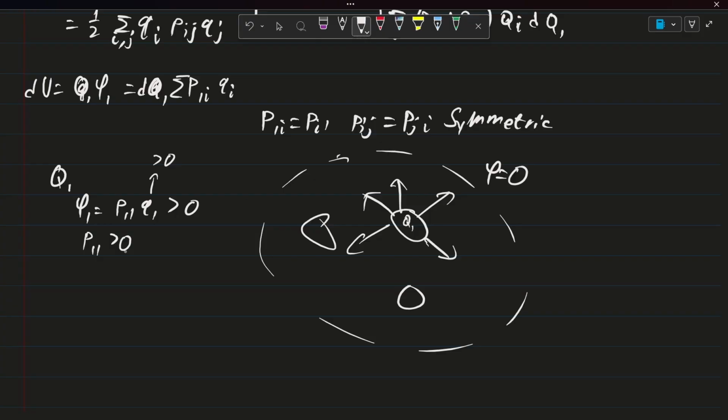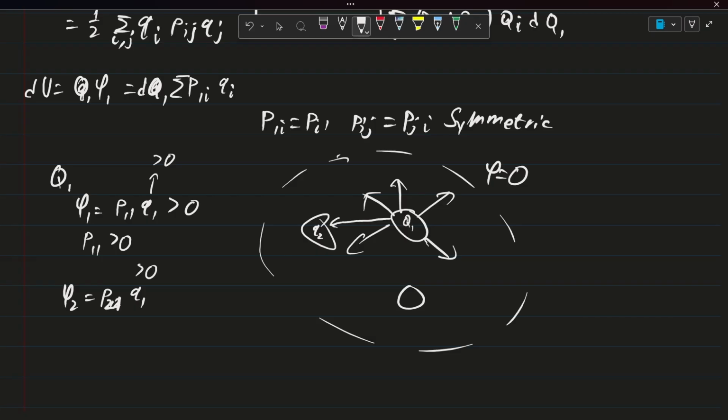But what about for the other potential? Let's say phi 2. This would be P12 Q1, well, P21 Q1. And Q1 is greater than 0. And the question is, is phi 2 greater than 0 or not? Now, if you assume that this is your Q2, and there's this electric field hitting this conductor, in order for it not to have any charge, it must radiate out the same amount of electric flux coming in.